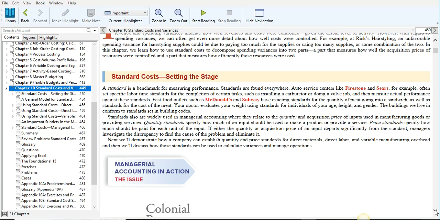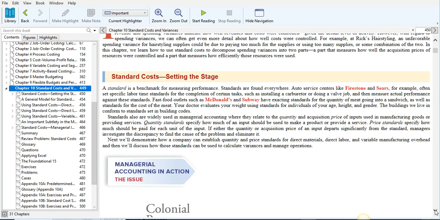If you have a standard and that standard works optimally, then the standard price, the standard material amount, the standard labor rate, all those things are going to be what you expect.